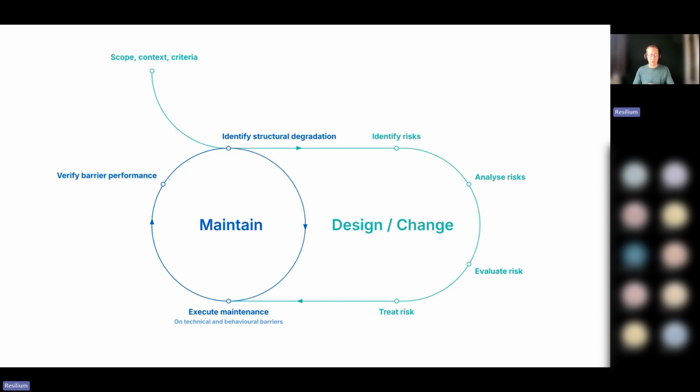I think the crucial hurdle, or conceptual thing, is that you shouldn't try, in my opinion, to figure out what the risk level is when your barrier performance starts to degrade. You should just be managing the barriers on their own. And only when you figure out that there are too many of these barriers that are degraded, then you go into a full-blown risk analysis again. But in the normal case, you would just be looking at the barriers directly.